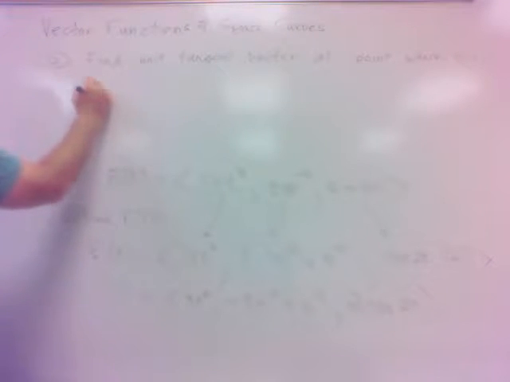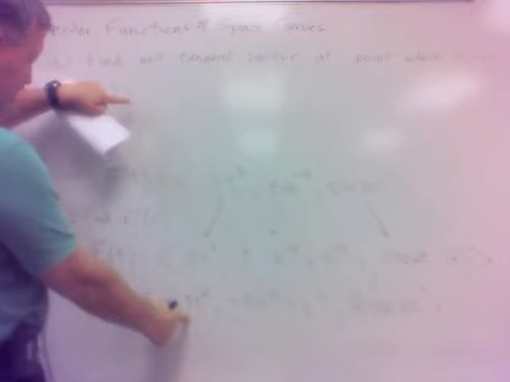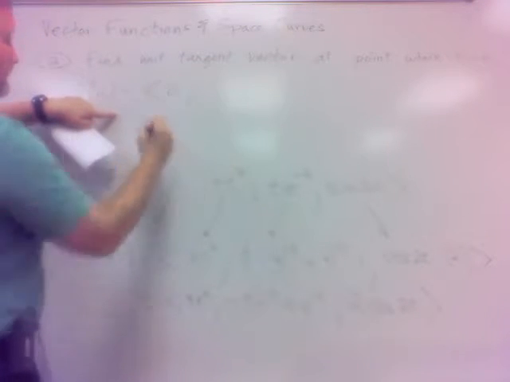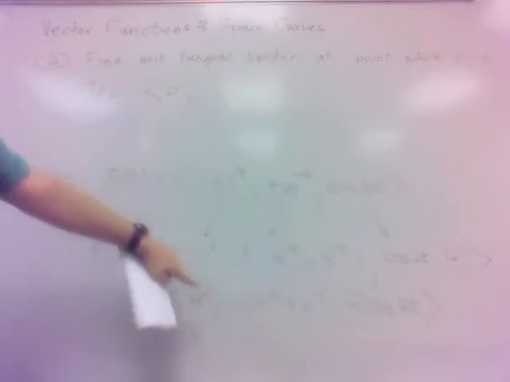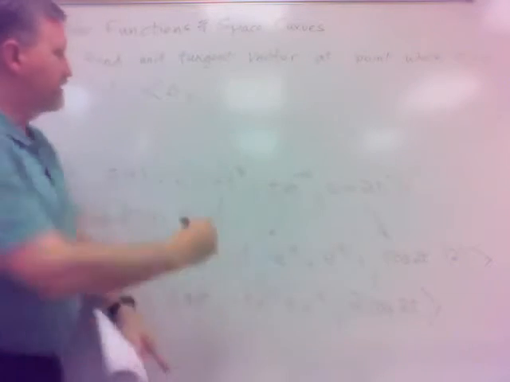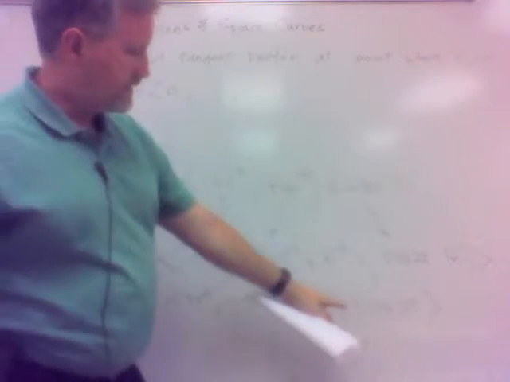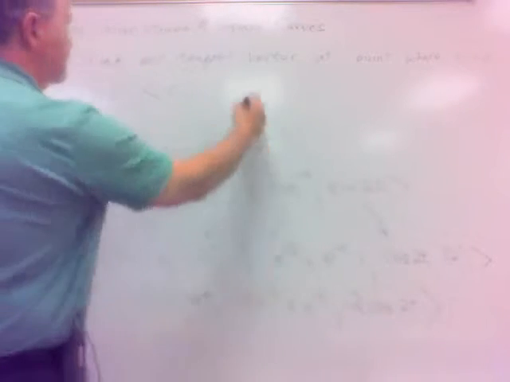Just remember, on the unit tangent vector, you've got to divide by the vector length. All right, so first of all, r prime of 0, we would need the derivative at 0, so the vector would be 0, 0 plus 1, so that would be 1, and then 2 times the cosine of 0, so that would be 2. Plug in 0.